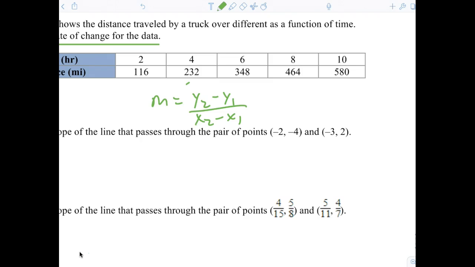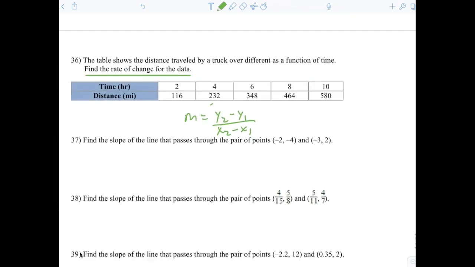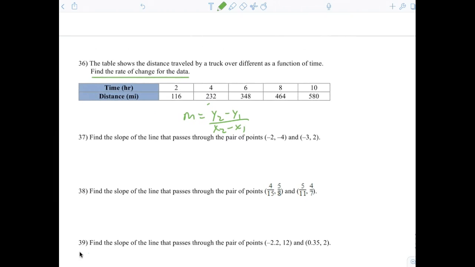The slope will always be the same. You have to find 2 x's and 2 y's, subtract them and divide them. Does everybody hear me on this? Which one is x and which one is y? Distance is y, time is x.